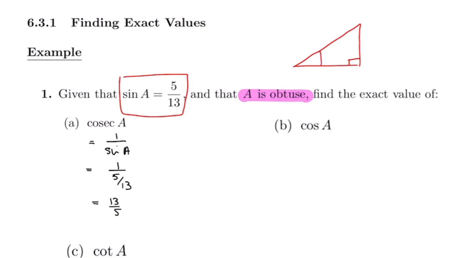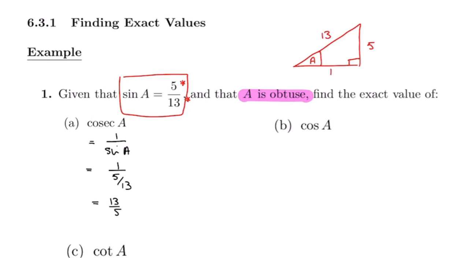Here's A, and we're going to pretend that A is acute to start with, just to find the ratio. You know that sine is opposite over hypotenuse. We're just using basic trigonometry, remember. The opposite will be 5, the hypotenuse will be 13.